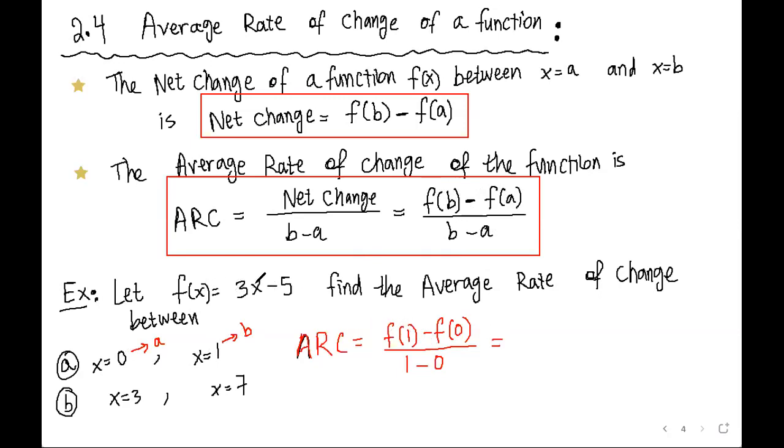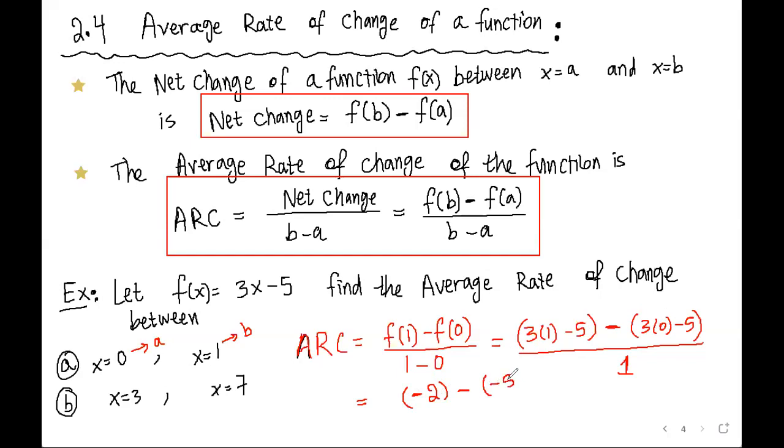F of 1 is 3 times 1 minus 5, minus f of 0, which is 3 times 0 minus 5, over 1 minus 0, which is 1. 3 times 1 is 3, minus 5 is minus 2, minus 3 times 0 is 0, minus 5 is minus 5, over 1.